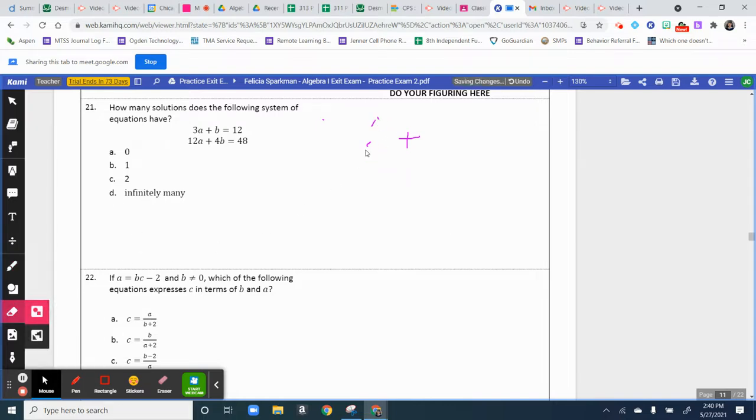So what I did was I used the standard form equations that we gave and divided by c. So I did 3 divided by 12, and then because there's 1 in front of b, I did 1 divided by 12, or 12 divided by 1.